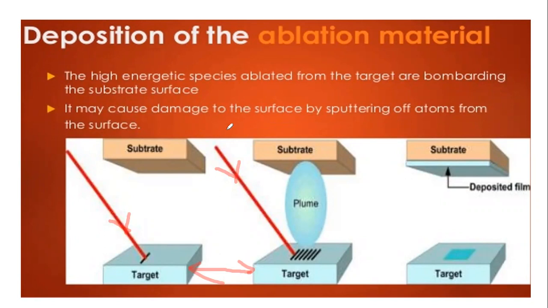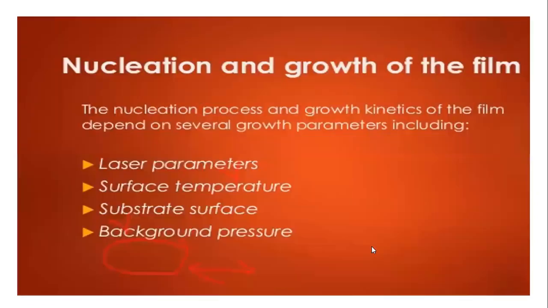It may cause damage to the surface by sputtering of atoms from the surface. So the targeted material is damaged, and those damaged atoms start the sputtering process. This is the condition and the stage of ablation of the material.